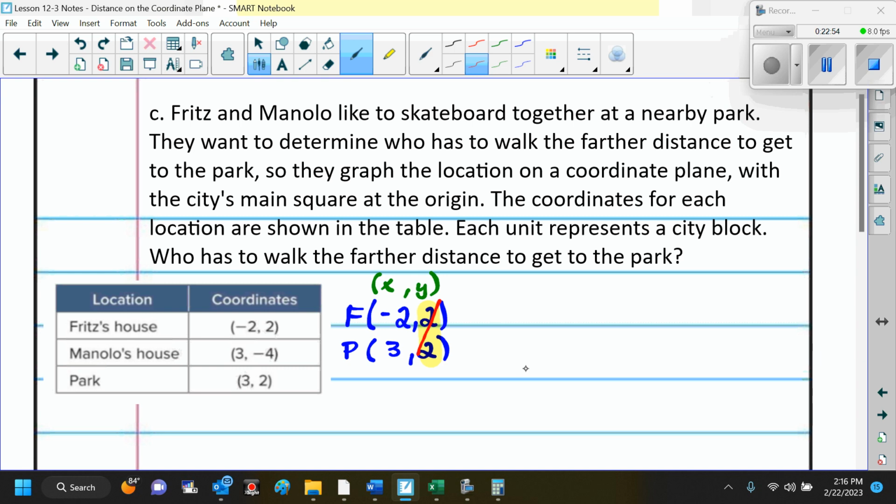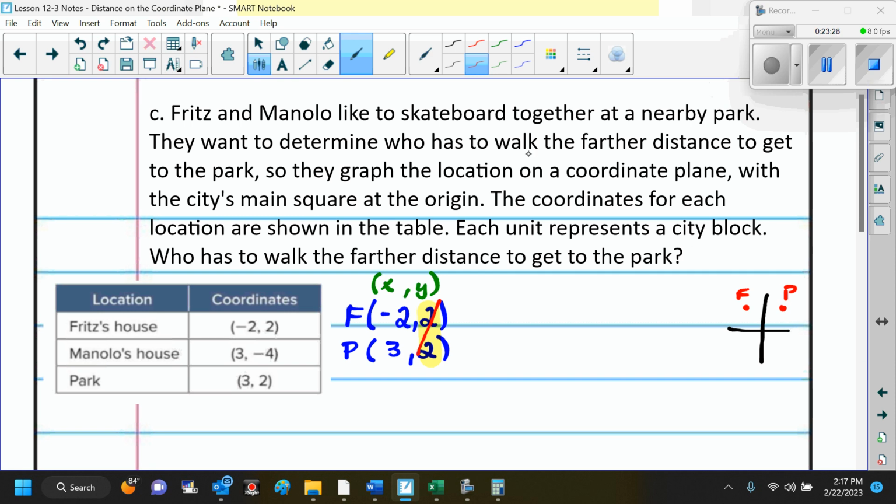Now, are we going to add or subtract? Well, we have to find out, are we in the same quadrant or are we in different quadrants? So let's see. Sketch our graph over here. So we've got negative 2, comma positive 2. So negative, comma positive is up here. That's in quadrant 2. That's where Fritz's house is. And then the park is at positive 3, positive 2. So the park is in the first quadrant.